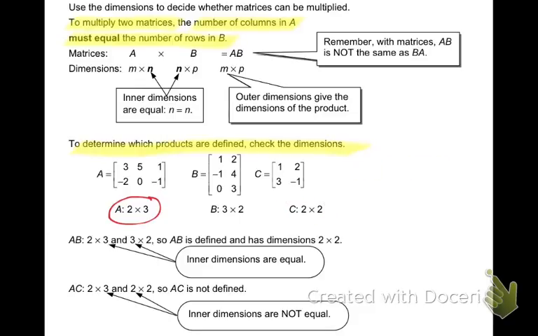However, let's flip it around. Could I multiply C times A? What's the dimensions of C? 2 by 2. What's the dimensions of A? Can I multiply C times A? Yes, I can. And my resulting matrix would be a 2 by 3 there.